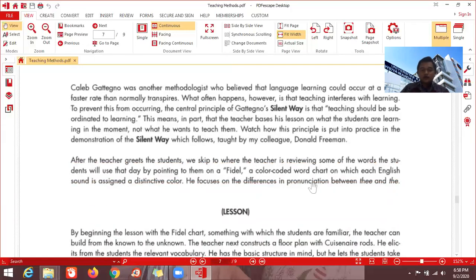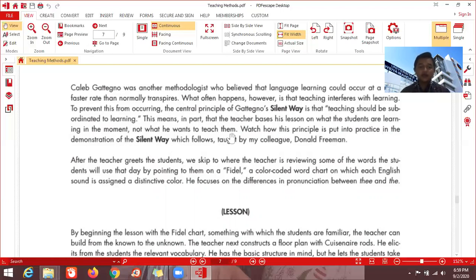Okay. So it says here that the teacher bases his lesson on what the students are learning in the moment, not what he wants to teach them. This is quite strange because the logic behind it is very much opposite to the concept of curriculum. The school has a set of curriculums, learning objectives that are set for the students, and the students are taught by more knowledgeable others, like teachers or their supervisors, to achieve the objectives.